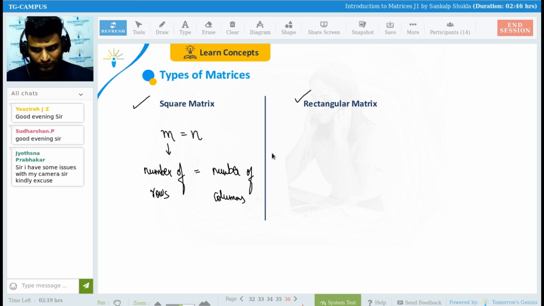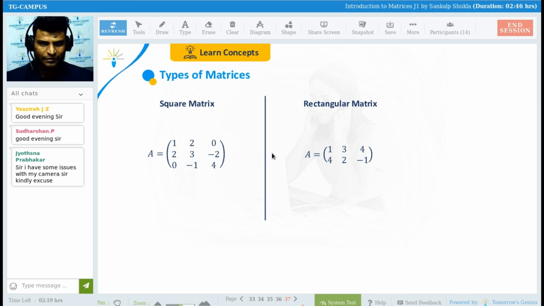And for a rectangular matrix, M is not equal to N. Suppose you have 10 rows but only 3 columns. When you write this out, the shape will obviously be that of a rectangle.